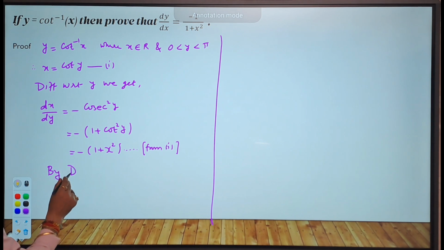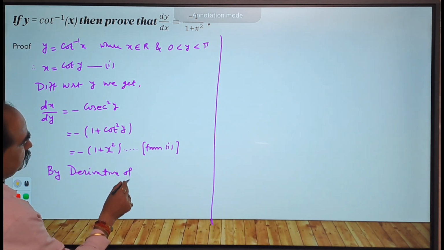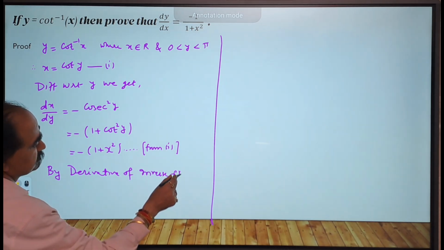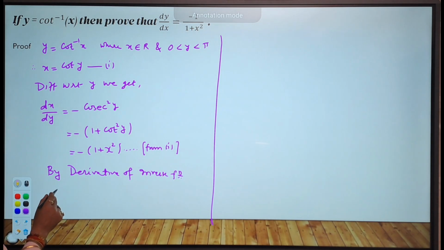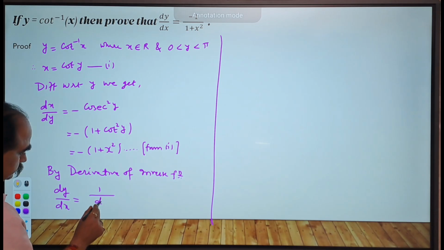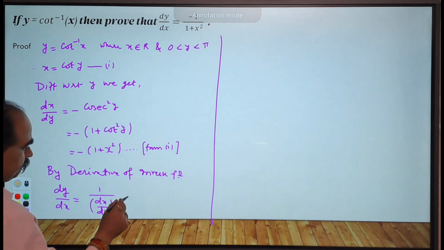By derivative of inverse function, dy by dx is equal to 1 upon dx by dy, provided dx by dy is not equal to 0.